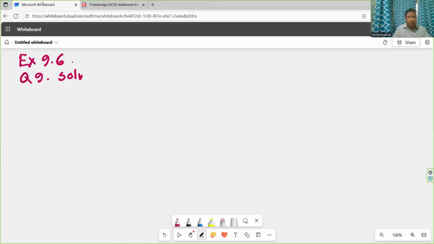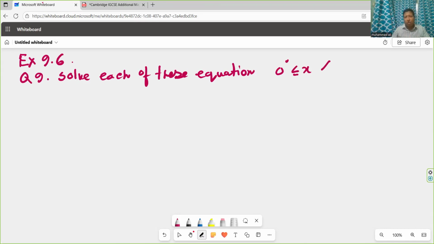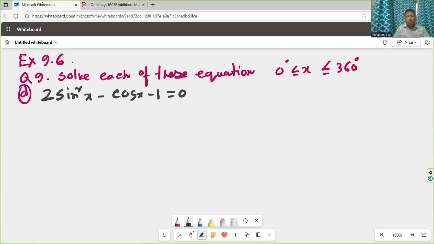Solve each of these equations, x, this is the interval, x greater than or equal to 0 degrees, less than or equal to 360 degrees. So question D: 2 sine square x minus cos x minus 1 equals 0.